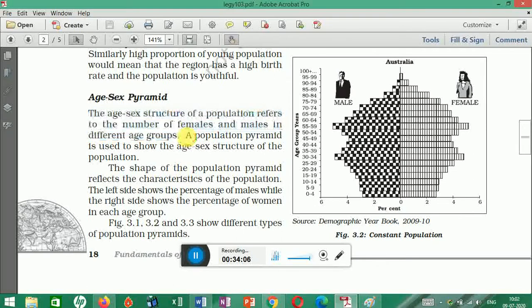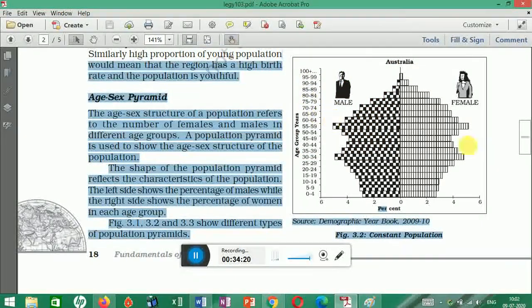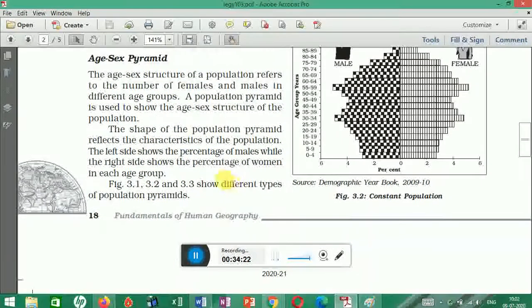A population pyramid is used to show the age-sex structure of population, just here, for example. The shape of the population pyramid reflects the characteristics of population.